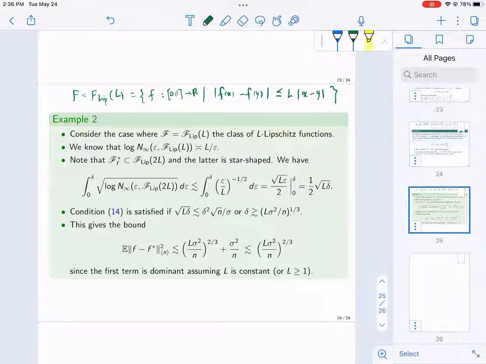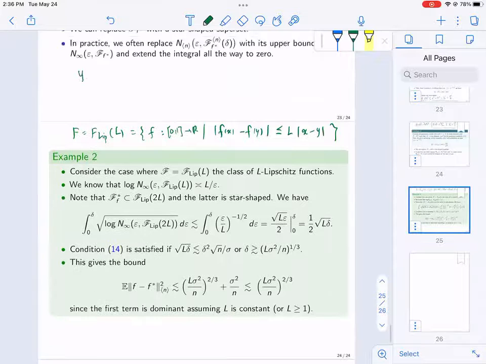What I want to do is assume that y_i is f star of x_i plus w_i, and f star belongs to this class. So I just know that I have a non-parametric function with Lipschitz constant L. I don't know anything else besides this. This is truly a non-parametric assumption.